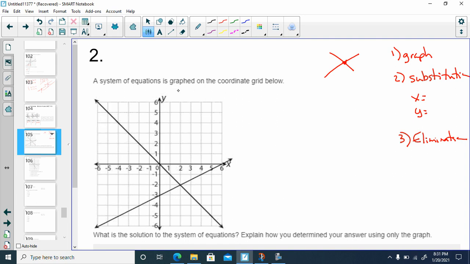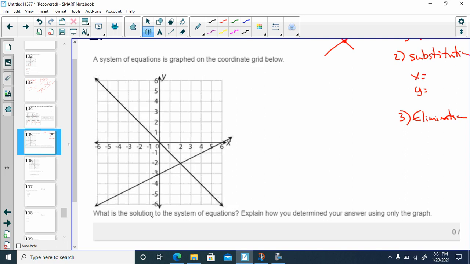Here it says a system of equations is graphed on the coordinate grid below. What is the solution to the system of equations? That's your first thing. Explain how you determined your answer. Well, we know that the solution is where the two lines intersect. So that is at 2, -2. Okay, and how do we find them?